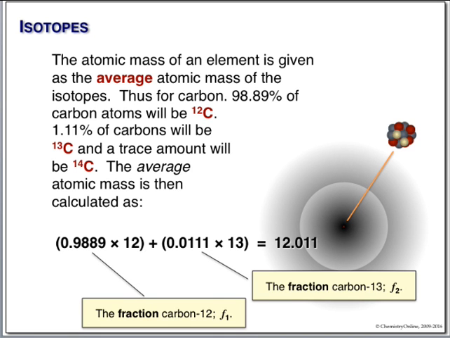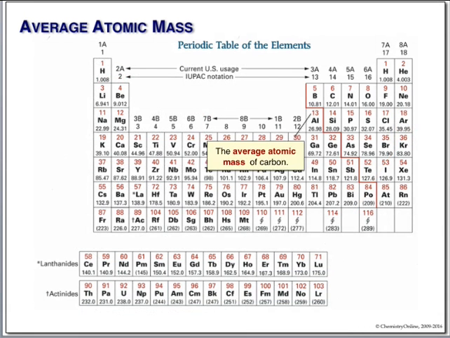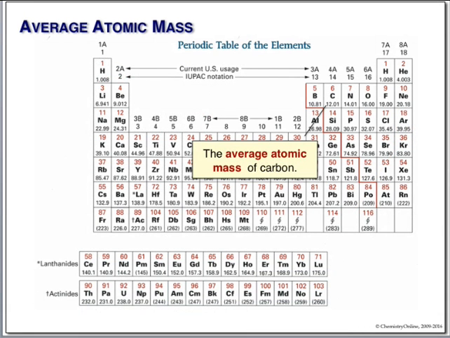You multiply these together, add them up, and you get this number. If you look at the periodic table, the numbers given underneath the elements are the average atomic mass of that element, and it takes into account all of the isotopes.